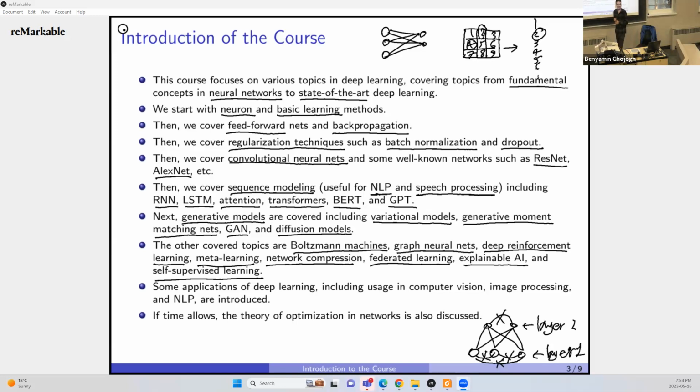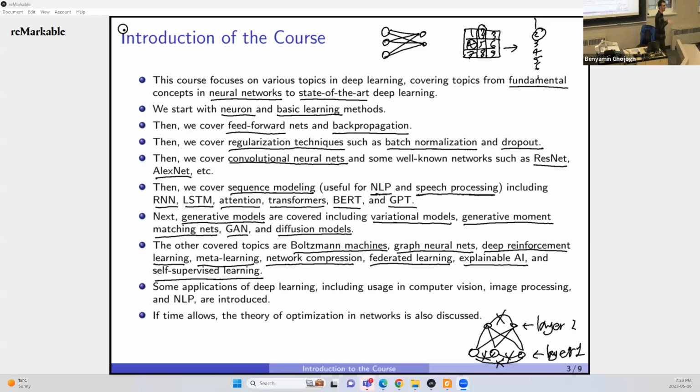Network compression. A lot of companies, telecommunication companies especially, are working on network compression. Why? Because assume you have a huge neural network and you want to have it in your cell phone. It can't fit. In embedded systems, you need a compressed version of the neural network. One of the techniques for that is knowledge distillation.